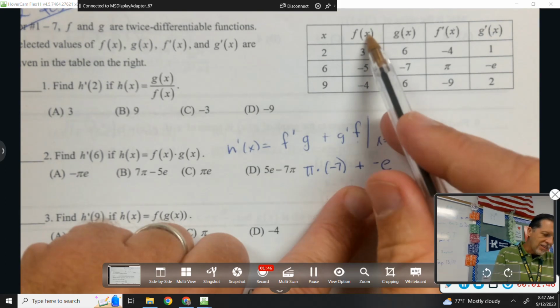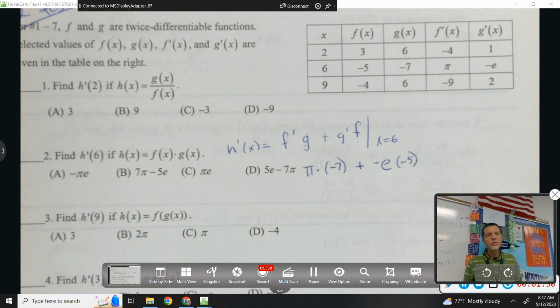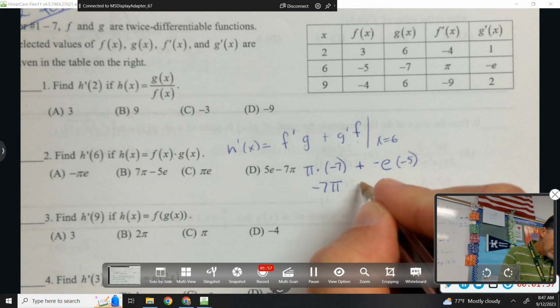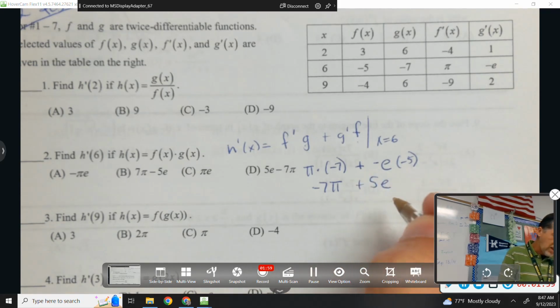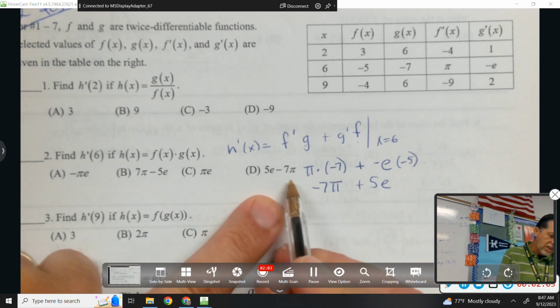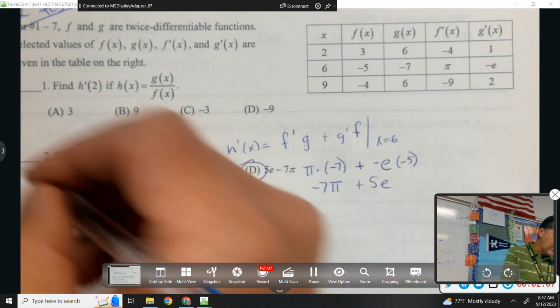And f at 6 is negative 5. Okay, so who knows what kind of goofy function that is that pi's and e's are showing up, but negative 7 pi plus 5e. Negative 7 pi plus 5e. Oh, they've got it written backwards, but that's the same thing as d.